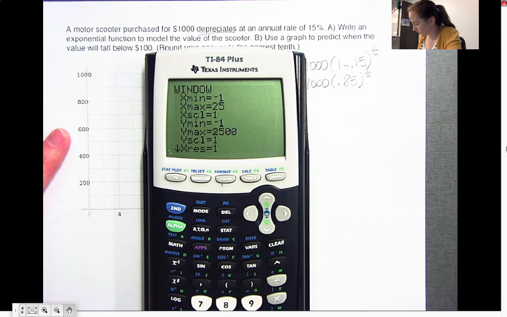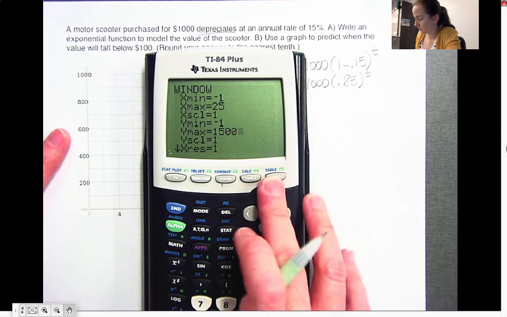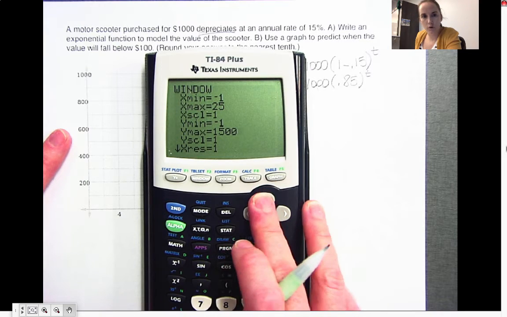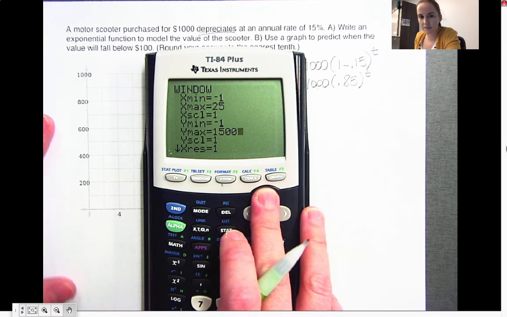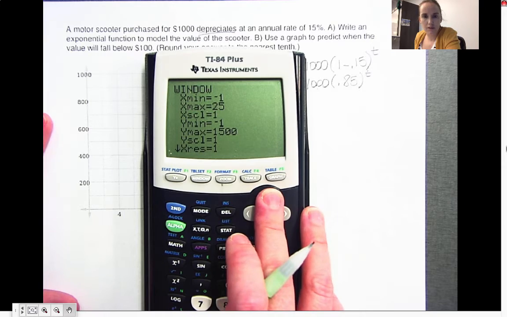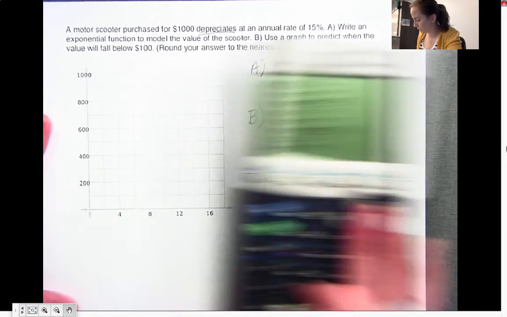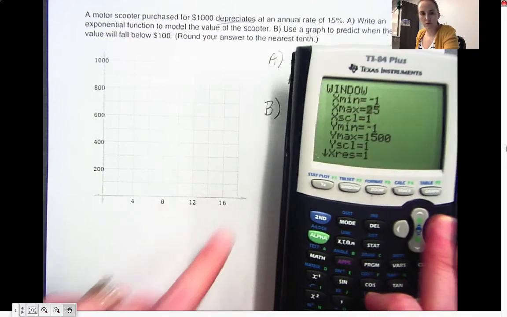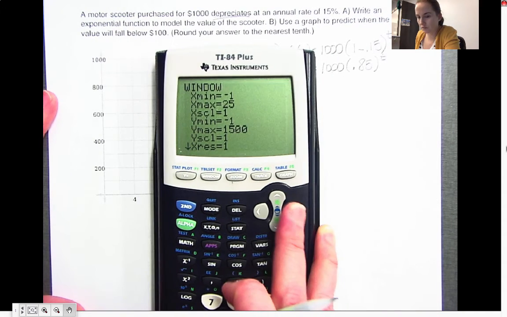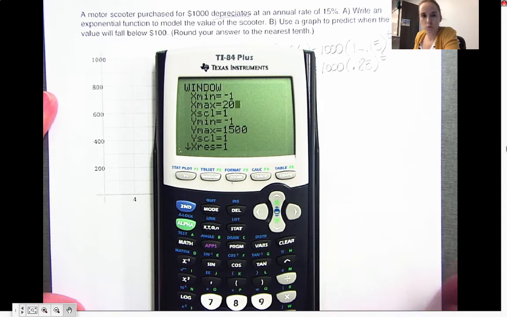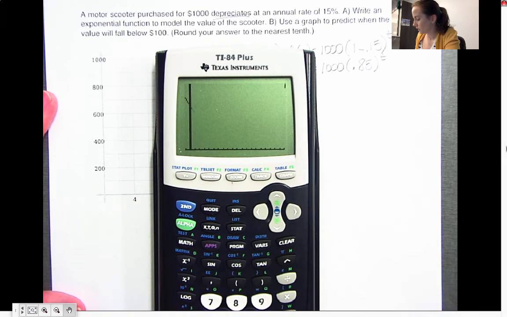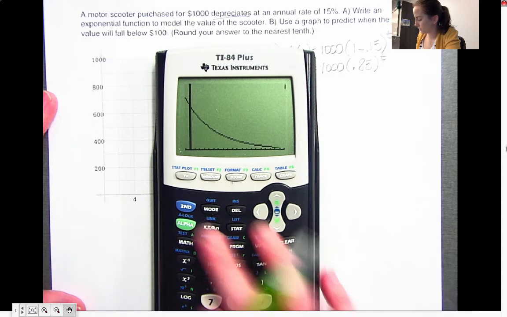So I'm going to start it at 1,500 just so I can see above where my $1,000 begins. I don't know how many years it's going to take, but it looks like we won't be going much further past 16, so I'm just going to change it to 20. And there's the amazing graph.